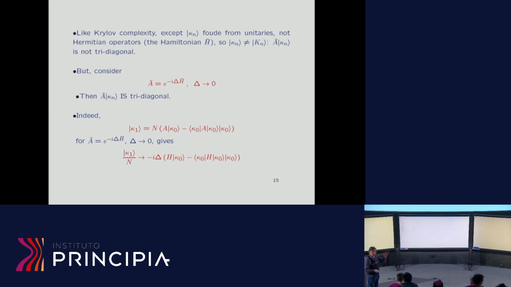So the Hermitian Hamiltonian is what gave the Krylov basis. Intuitively, this is the right picture, and we can check that indeed this is what happens. So for K1, for instance, we obtain this, and as delta goes to 0, we obtain this relation, and there are higher order terms that I dropped here. And so in here, I have just one action of the Hamiltonian, which is Hermitian.